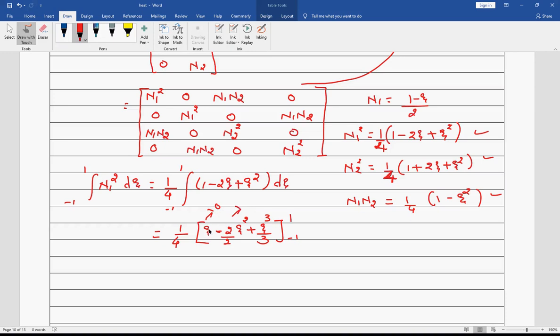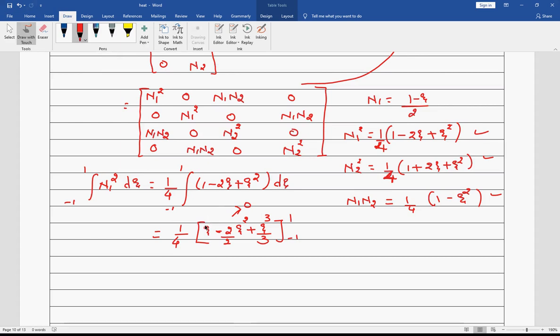The xi square term, minus xi square of minus xi square, this will definitely lead to 0.